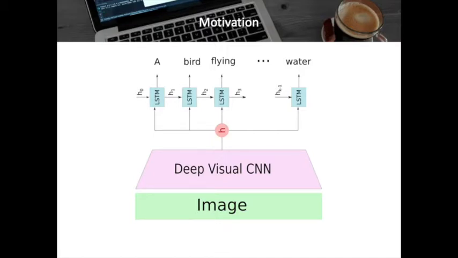Whenever the RNN, the recurrent neural net, is generating a new word, this attention approach focuses on the corresponding part of an image, and therefore the decoder only utilizes the specific parts within an image.